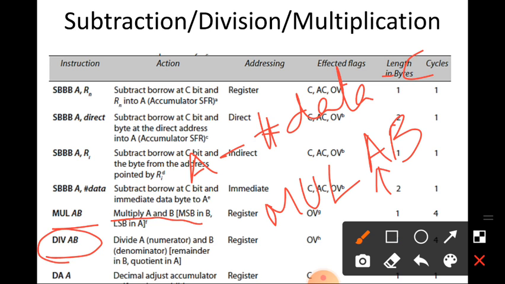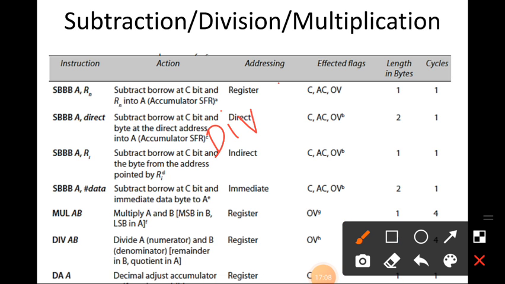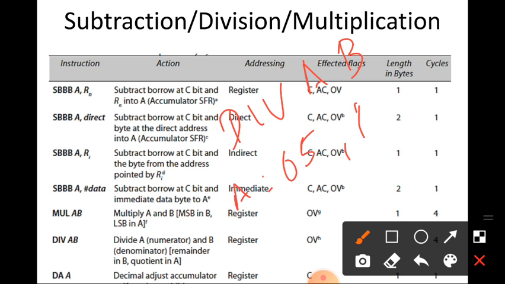The next one is DIV AB, division. So A is divided by B, and the remainder will be in B and the quotient will be in A. So if we divide, DIV AB, if A and B are 05 and 02, then A divided by B will take place, that is 05 divided by 2.